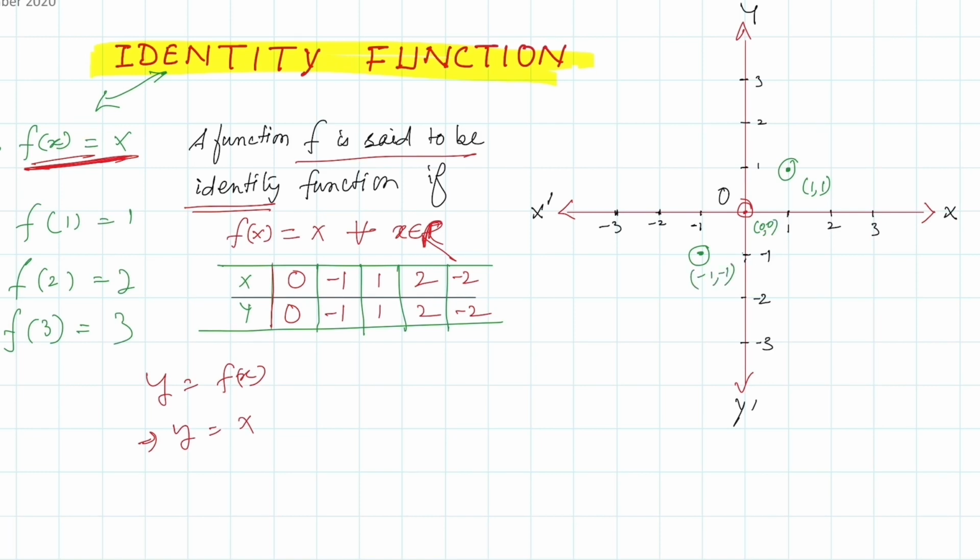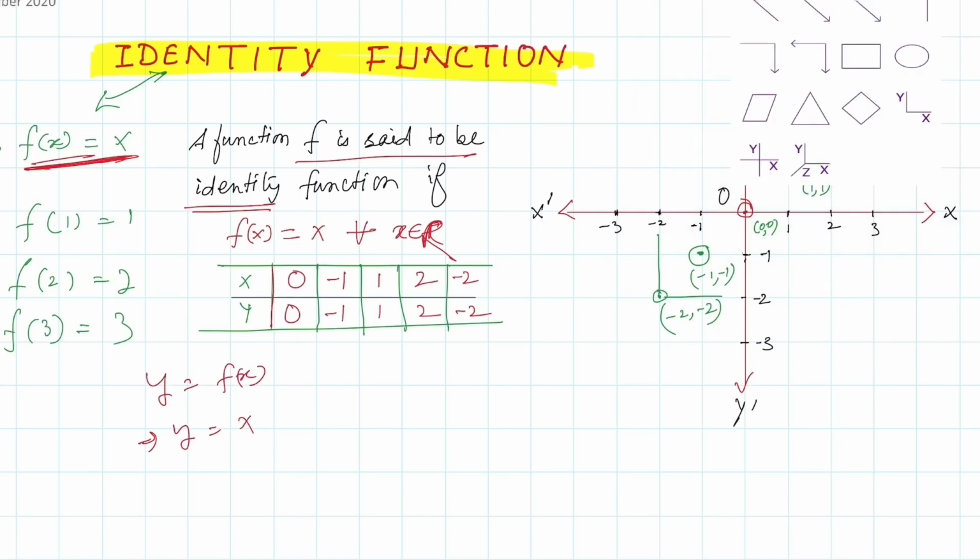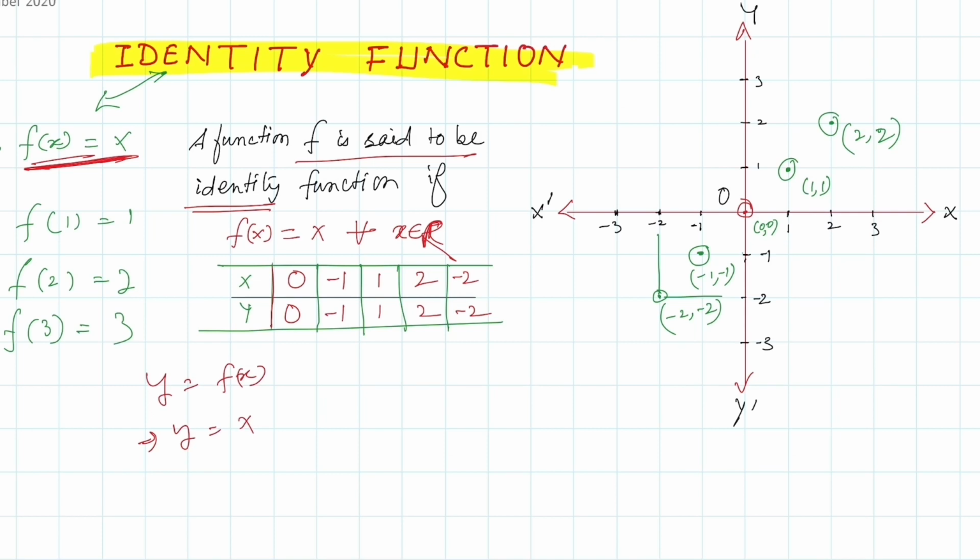Similarly, this is (2, 2), and (-2, -2) will be this one. Then the graph of this function will be obtained by joining these points. So let me join those points. I have plotted them here.